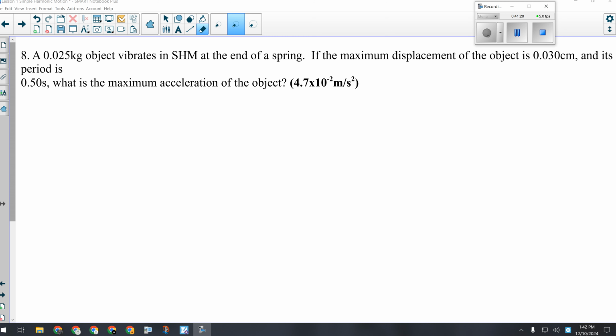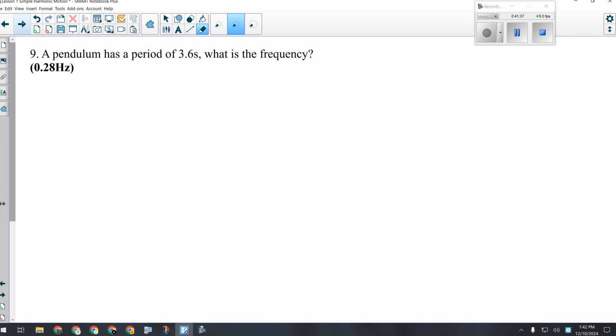So I can understand your dilemma with number 8. You can't do number 8 because I haven't taught you that stuff yet. So don't worry about that one. It's about Hooke's Law. We haven't done that yet. Are the other ones like that? No, the other ones you can do. That one actually is supposed to be on the other worksheet.